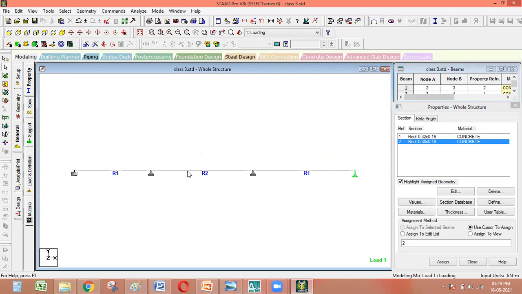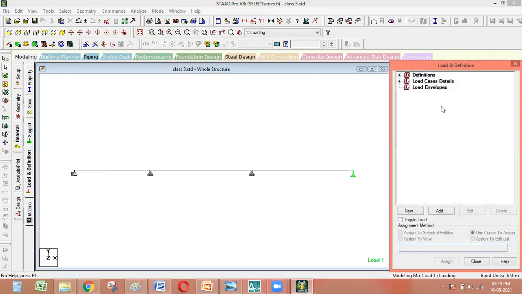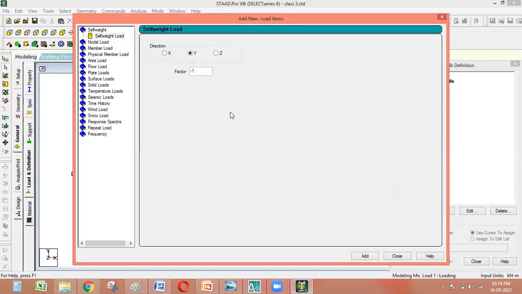So to take the effect of the self-weight, we have to go back to loading, back to load cases. First one is loading. Now go to add. You should provide self-weight, which is the weight of the member. It should be in the y direction. You know that the gravity direction is negative in the case of STAAD.